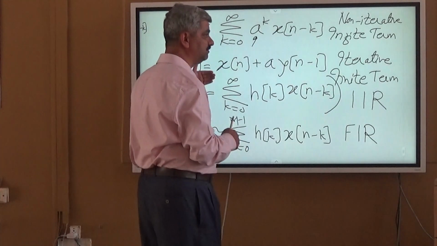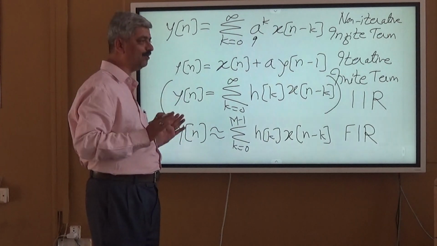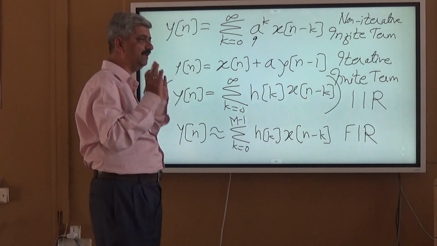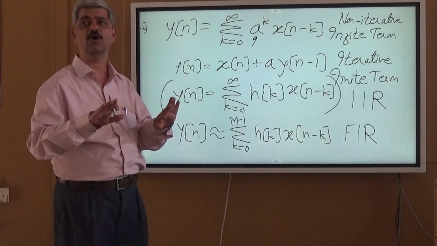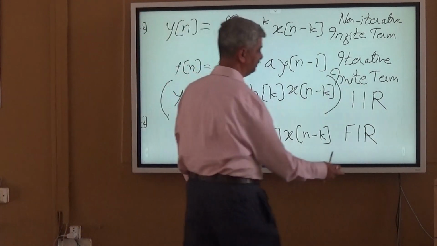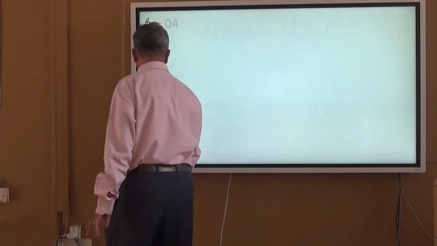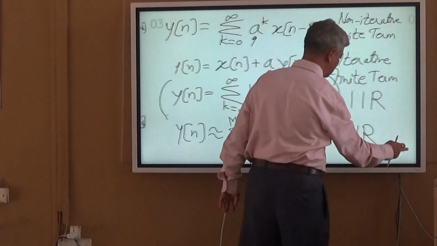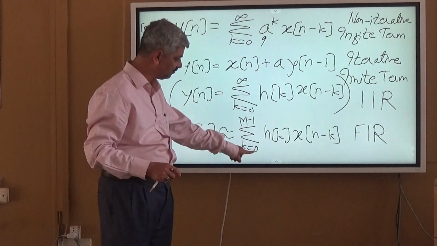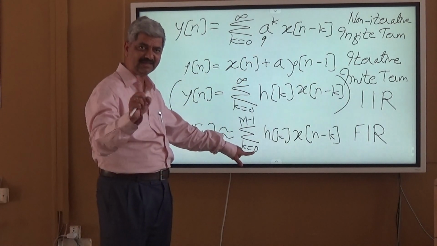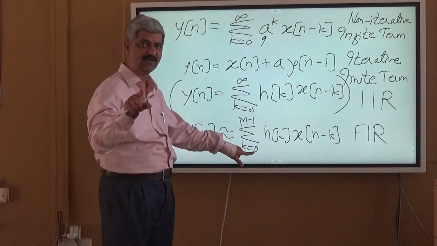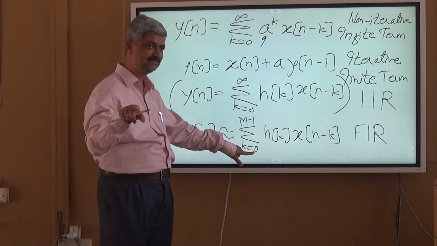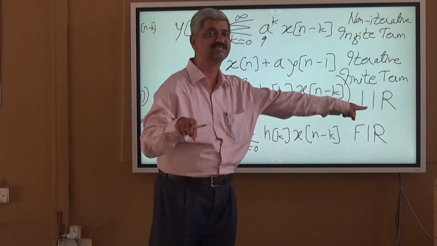Now these are the two formats in which our current output is a linear combination of current and previous inputs. Previous may be few or all. Now I write one more expression. One most important thing is that this must start from 0. k can't be negative. If k is minus 1, it means some constant and x of n plus 1.